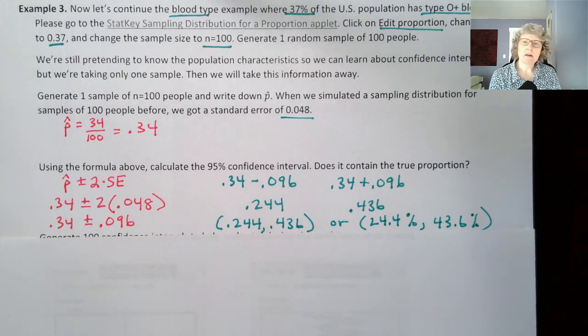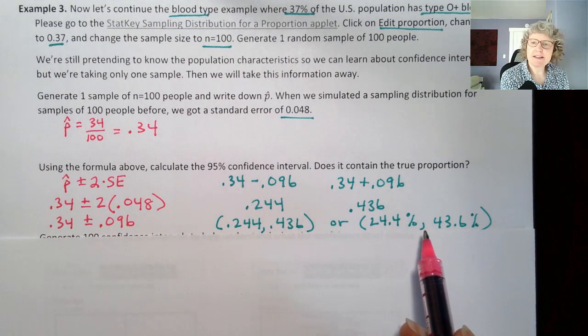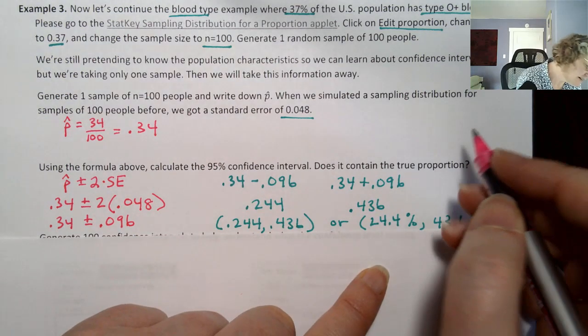Okay. So now let's look and see if this contained our true proportion, which was 0.37. I was like, wait, what was it? 0.37 is our true proportion. So yes, it does contain this.